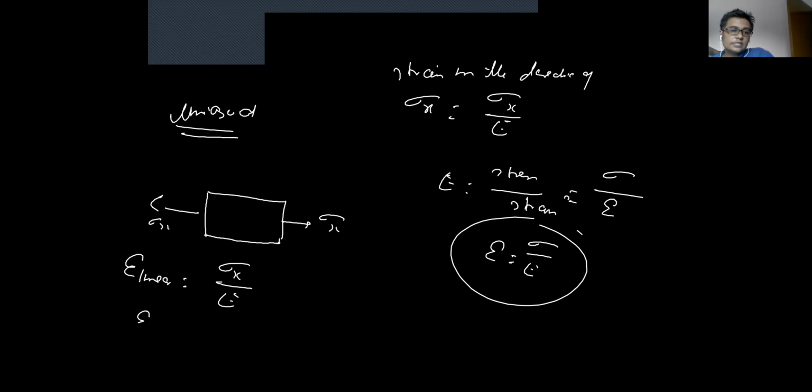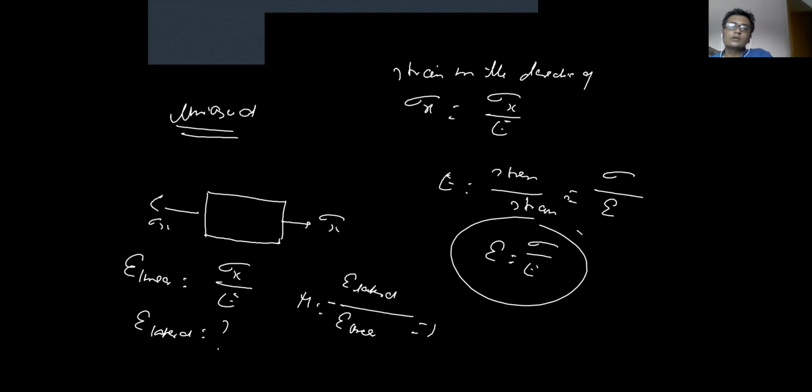Now, what is the strain in the lateral direction? We know that mu is the strain in the lateral direction upon the strain in the linear direction. The minus sign will be here so that the value of mu will always come positive.